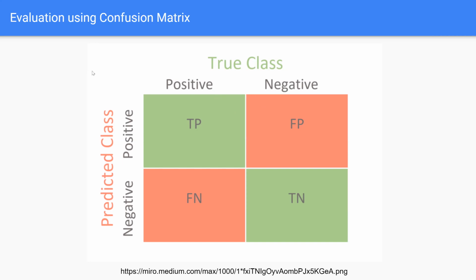Essentially you have the prediction, what your model predicts, and the answer, the true class, on different sides, one being the column and the other the row. This is just a general example. Here they've put positive and negative, but in our case, it would have the different classes, like dandelion, rose, and so on.